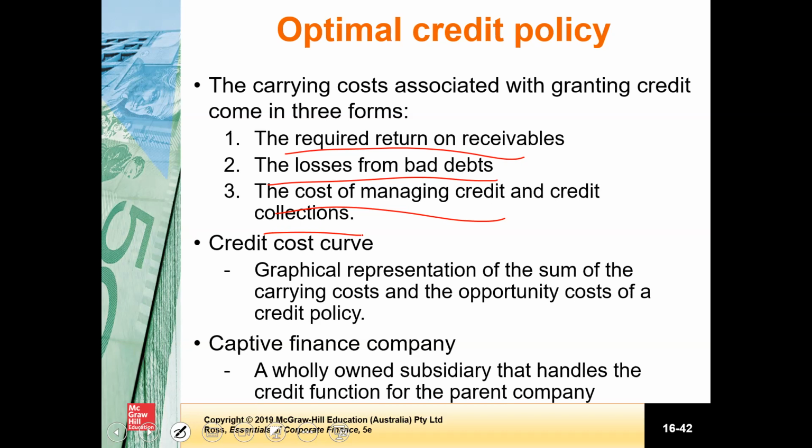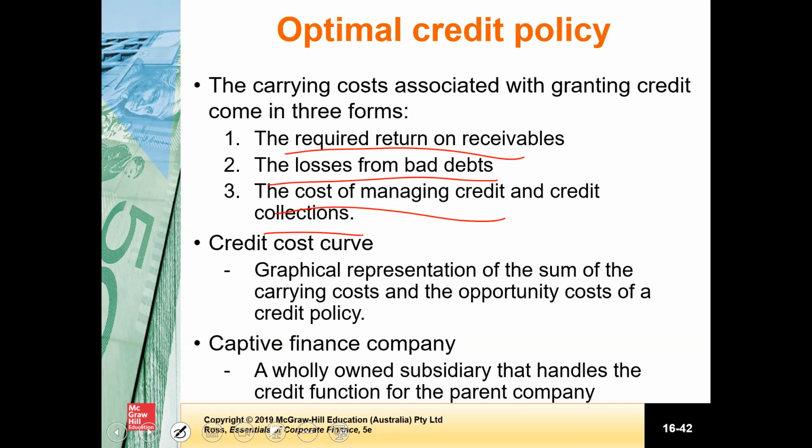If a firm has a very restrictive credit policy, then all of the costs will be low. In this case, the firm will have a shortage of credit, so there will be an opportunity cost. This opportunity cost is the extra potential profit from credit sales that is lost because credit is refused.